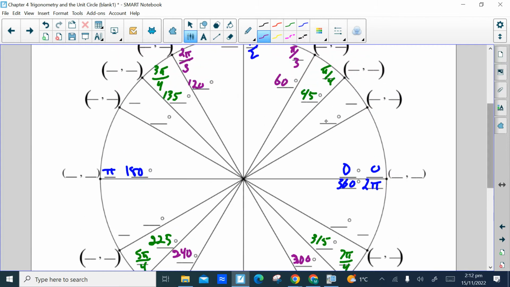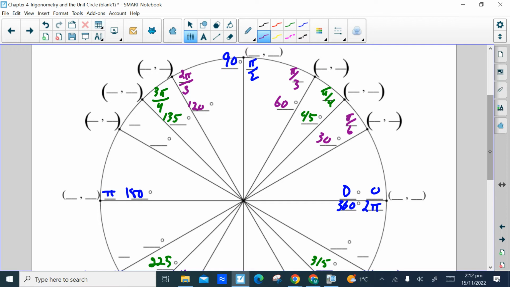And finally, we can go around the circle in terms of 30 degrees, which is pi over 6 radians. We got 30, which is 1 pi on 6. 60 is 2 pi on 6. That becomes pi on 3. 90 is 3 pi on 6. That becomes pi on 2. Another 30 is 120, which is 4 pi on 6. That becomes 2 pi on 3. Another 30 is 150, which will be 5 pi on 6.